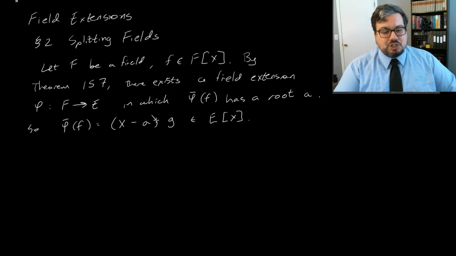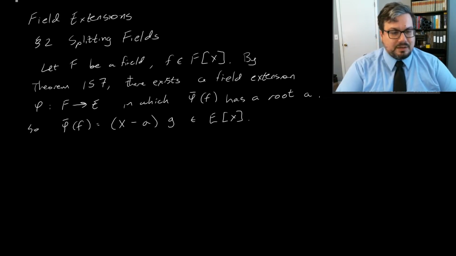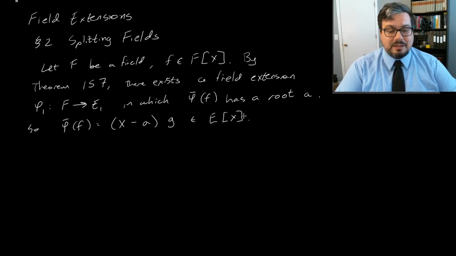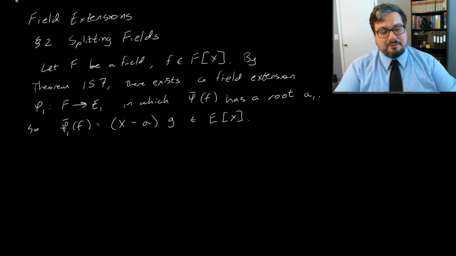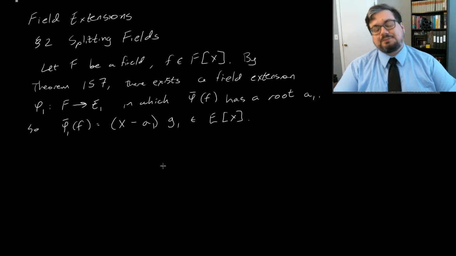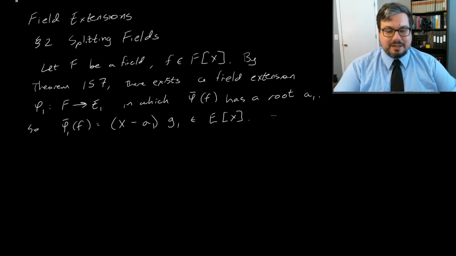Now, if g is a non-constant polynomial, we can repeat this process. So I'll say that we actually have phi 1 going from F to E1, in which phi 1 bar of f has a root a1. So phi 1 bar of f is equal to x minus a1 times g1 inside E1 adjoin x.